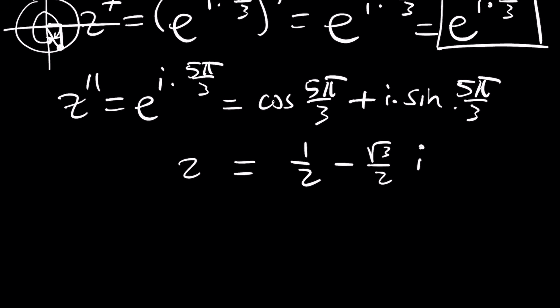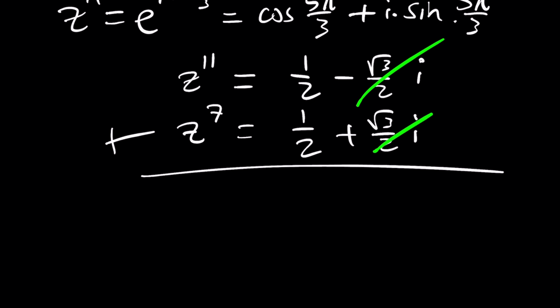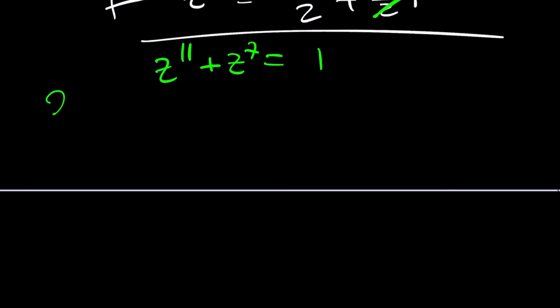This is the 11th power. And remember, for the 7th power, we got the same number. And when you add them, guess what's going to happen? Ta-da-da-da. The i's are going to cancel out, and we're going to end up with 1. Okay? Good old 1 is going to be the answer. Now, this was just the first method. I hope you enjoyed it, because we're not done yet, and we'll continue with the second method.